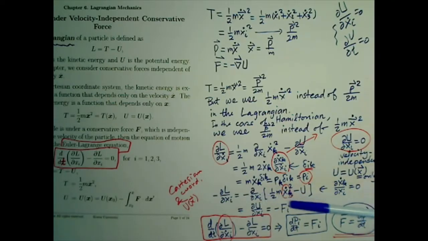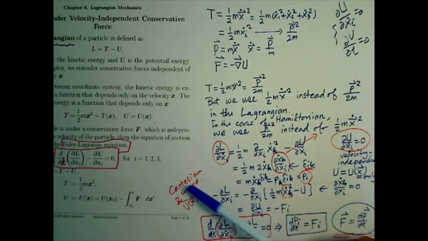We have a minus minus a plus. So this is gradient U if I multiply the unit vector for the ith component and sum over i. So you know, minus gradient of potential energy is the force. Therefore we have a minus the ith component of the force.